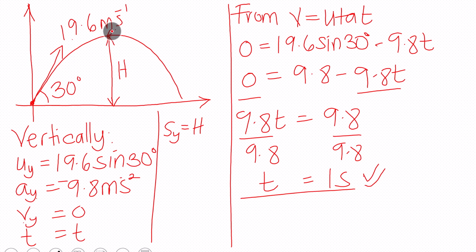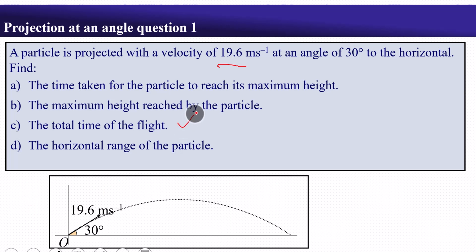So this time here, we can use it to answer part C of the question, which was asking for total time of flight. If this t is equal to 1 second, then the time here will be 2 seconds. It's just this time times 2. So I think part A and part B are clear. Now let's see how we can calculate maximum height.